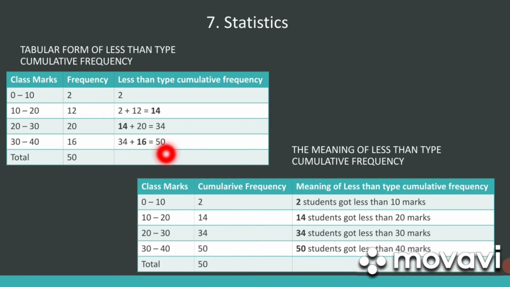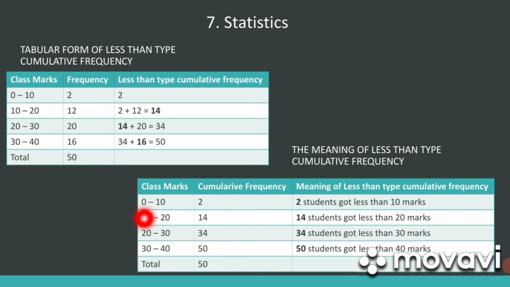The cumulative frequency of the last class, that is 30 to 40, will be equal to the sum of all frequencies, which is 50. The meaning of less than type cumulative frequency. For class mark 0 to 10, cumulative frequency is 2, which means that 2 students got less than 10 marks.